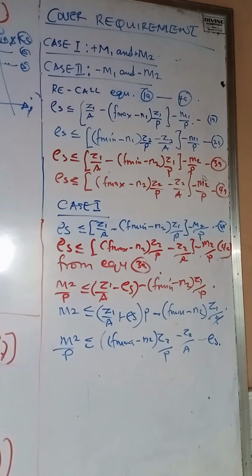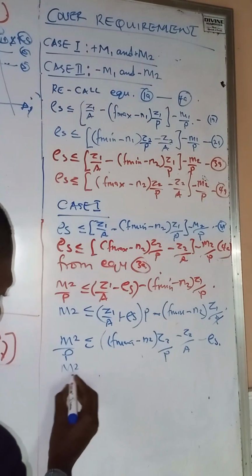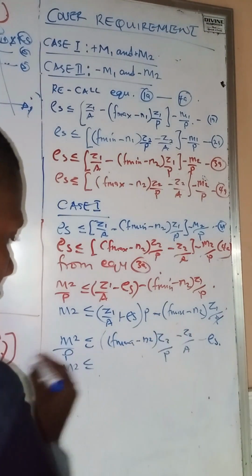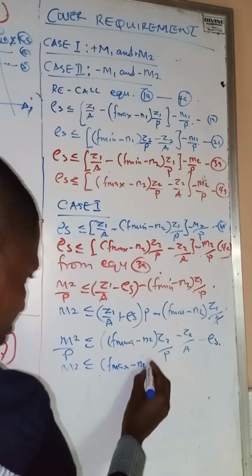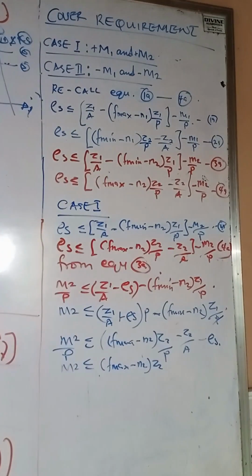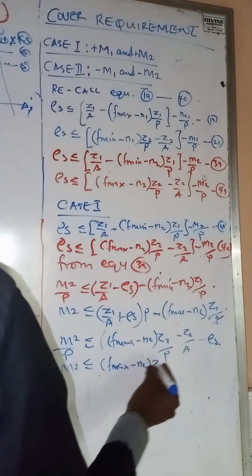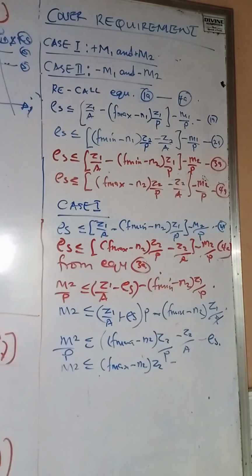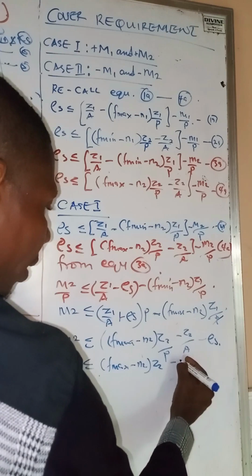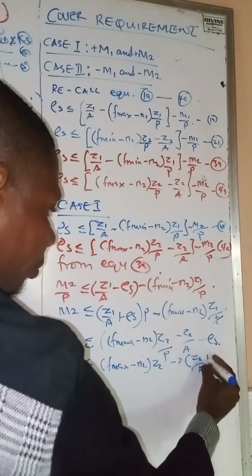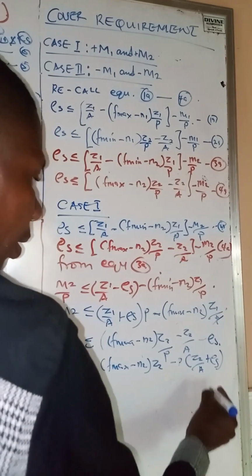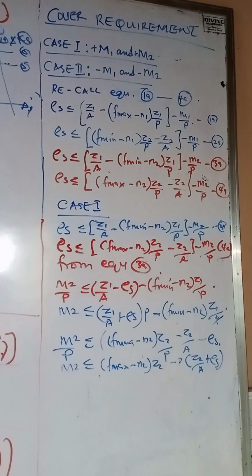If we do that, we're going to have that M2 is less than, multiplying all through by P, F maximum minus N2, Z2. Then on the other side, we bring out P, so we have Z2 over A plus e_s.